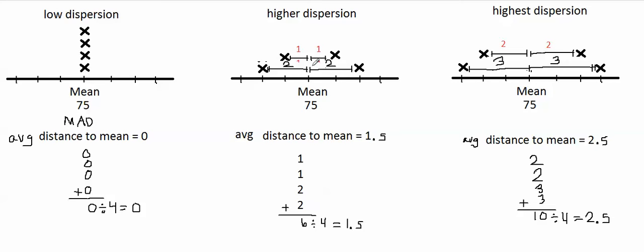So each person has his or her own absolute deviation, and the MAD is just the mean of all of those absolute deviations. So this class has a MAD of 0. This class has a MAD of 1.5. And this class has a MAD of 2.5.